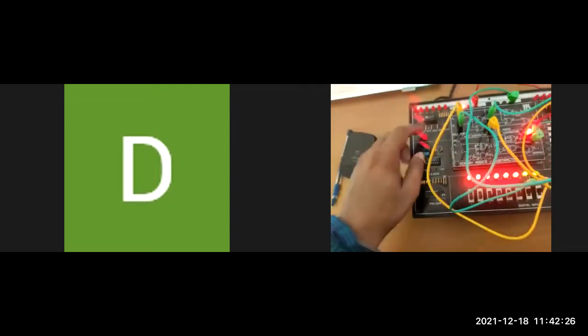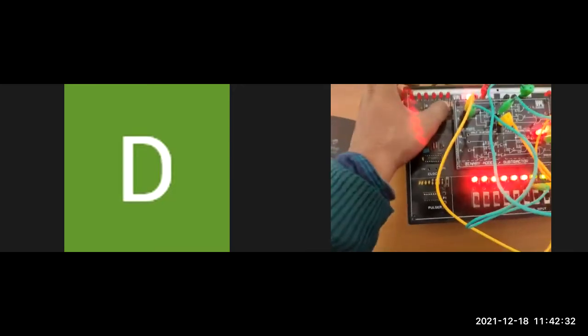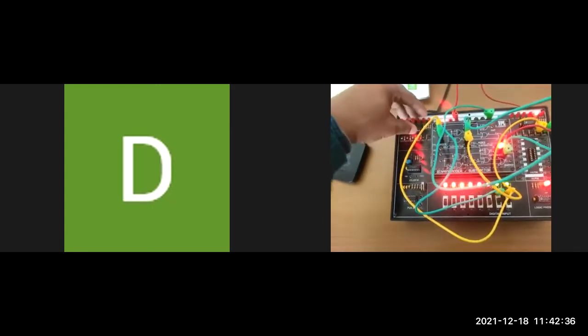And there are two digital input output probes. This one is DR0 to 5 and this is DL0 to 5. This is the 6 digital output and this is the 6 digital output.